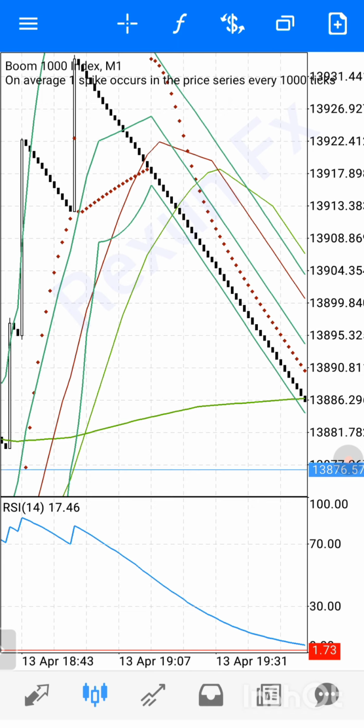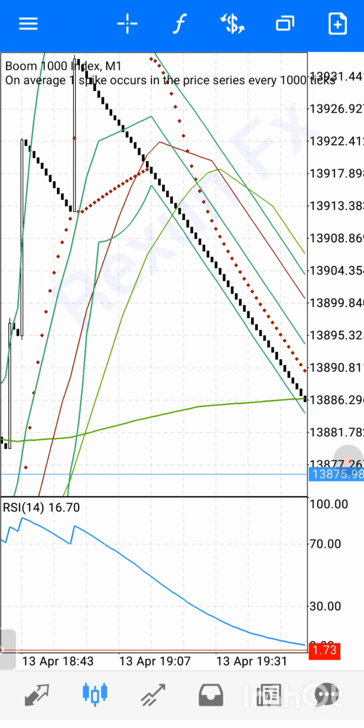This strategy pretty much works on all the instruments across the crash and boom genre, but it is important to note that all the crash and boom, whether it is boom 1000, 500 or 300, or crash 1000, 500 or 300, they are unique in the sense that there is a different approach to particularly trade them in order to achieve maximum success or profit from them. So this one will be focusing mainly on boom 1000.